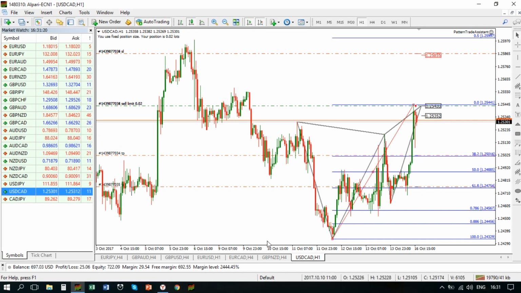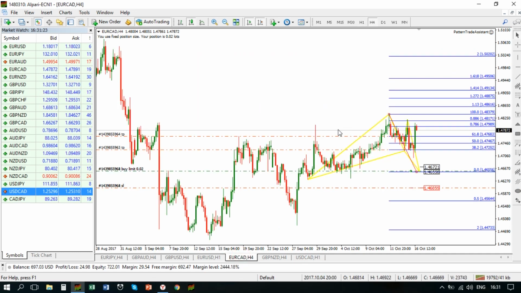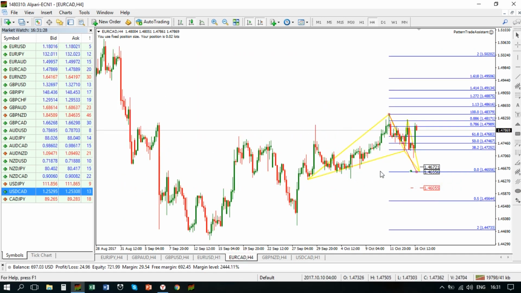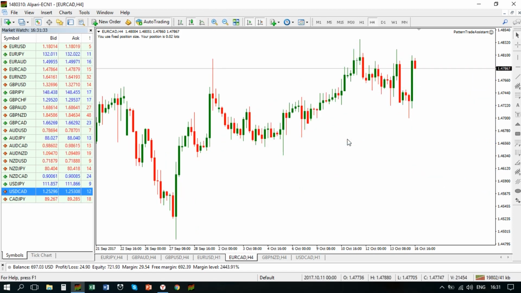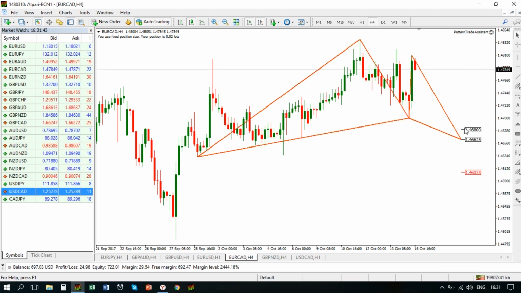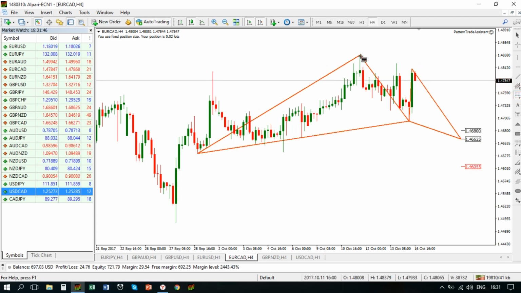Let me go and turn it. That Euro Canadian. Delete this. Delete this. Zoom it in slightly. Delete everything. I delete everything simply by pressing S on my keyboard, and that's all done by my software as well. Here's the Gartley pattern. You see that orange something.